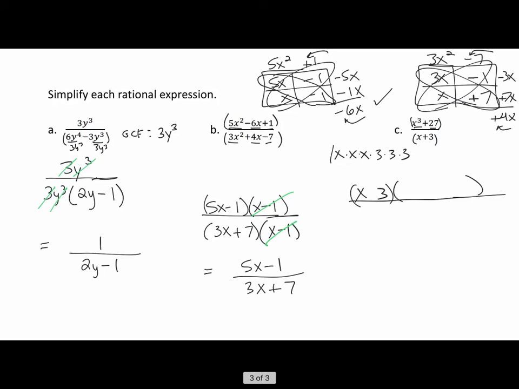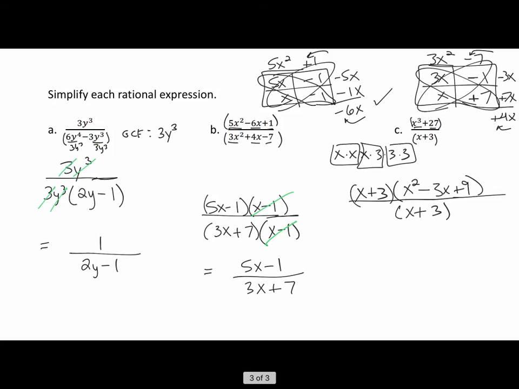So take 3 factors of each, box them up. So our first term is x times x, our second term is x times 3, and our last term is 3 times 3. And so the same sign as the original is a plus, opposite sign, and always positive. The denominator now, the variable has an exponent of 1, so I know that that's done factoring.